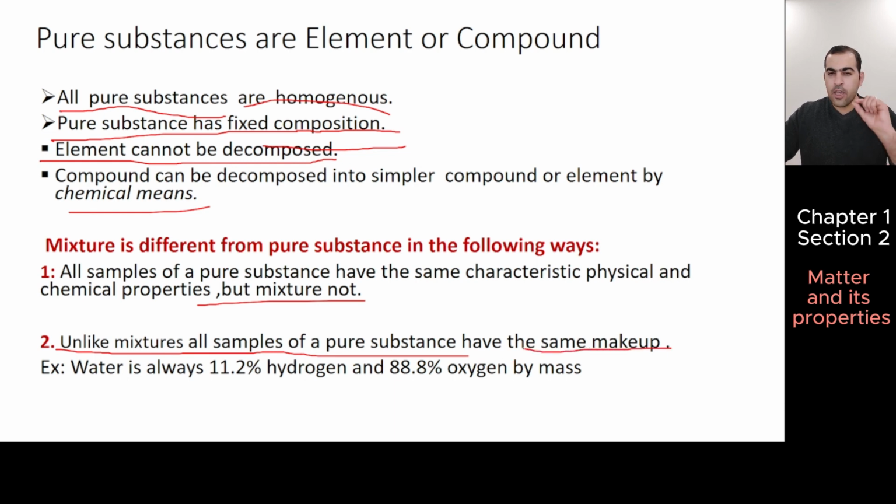Look guys, H2O as a sample of a pure substance is always, by mass, 11.2% hydrogen. You have a glass of water, imagine 11.2% of the mass of that water is the mass of hydrogen, and 88.8% is the mass of oxygen.